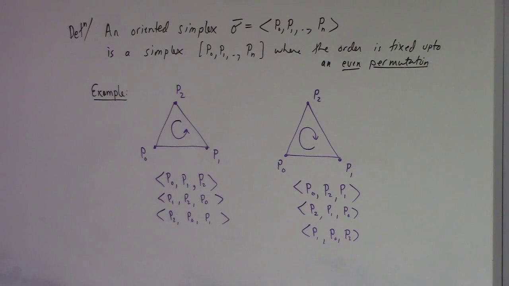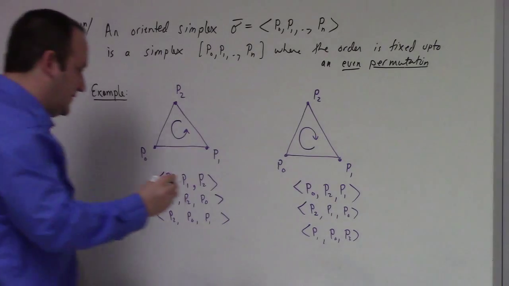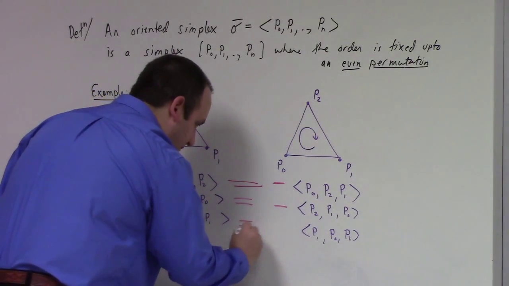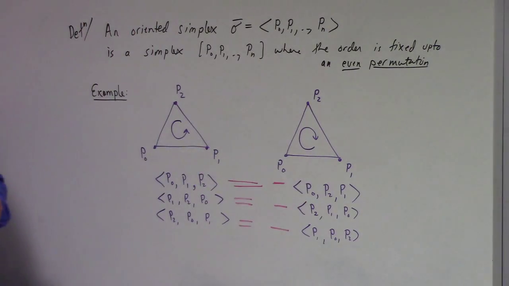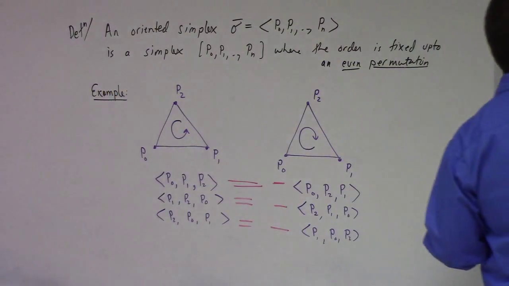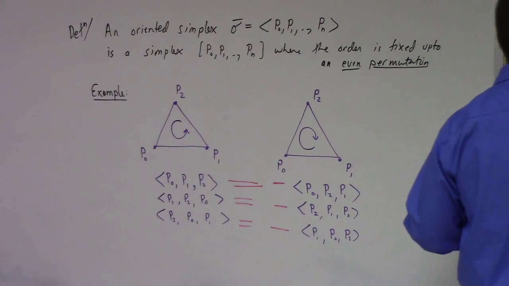Once you define one to be positive, the other one's negative. So the relation between these in terms of the algebra is this: this is equal to minus that, the negative orientation. Kind of like the wedge product, but these are sets of points. Why should it be anything like the wedge product? No, I wasn't being sarcastic.